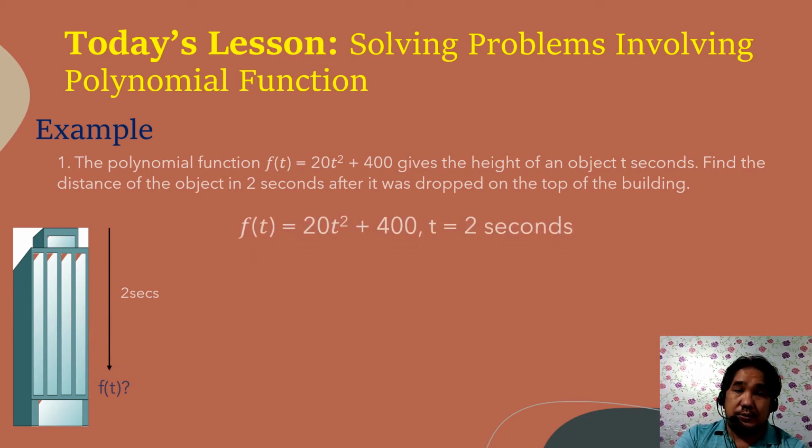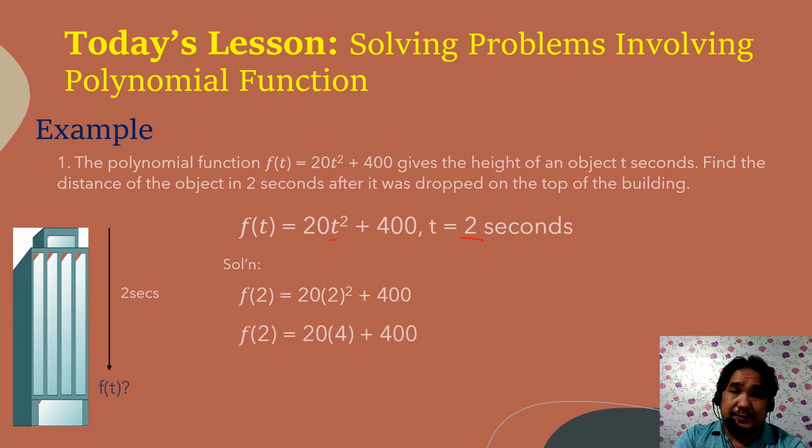Using our function, f of t is equal to 20t squared plus 400, where t, or the time, is equal to 2 seconds. So we are going to substitute all the t here by 2. This will become f of 2 equals 20 times 2 to the power of 2, that is for the t squared, then copy the 400.